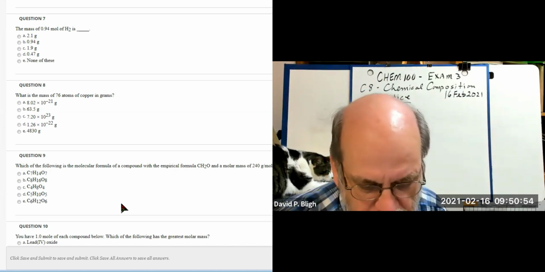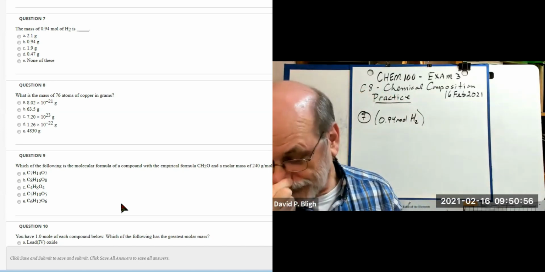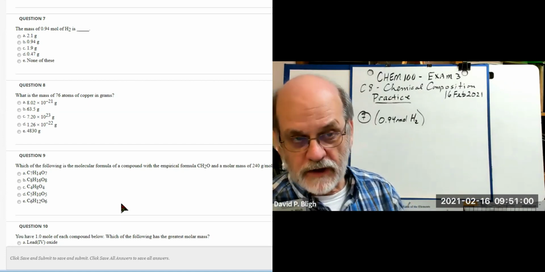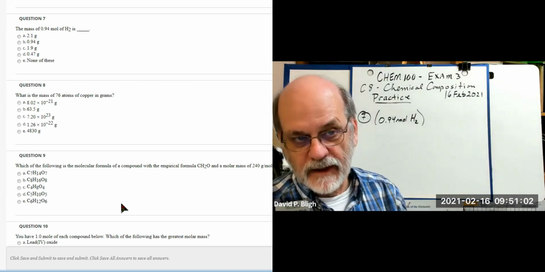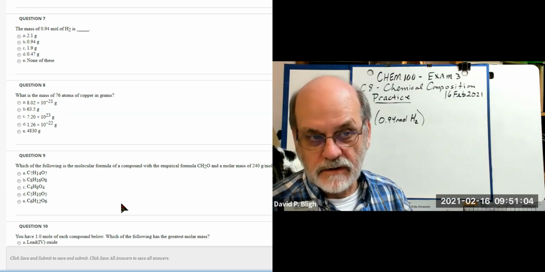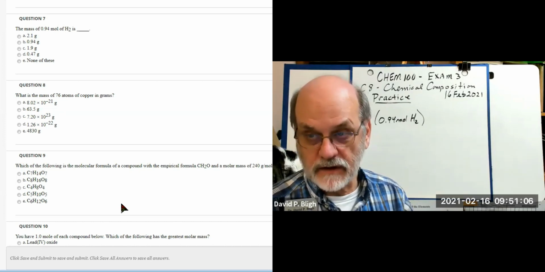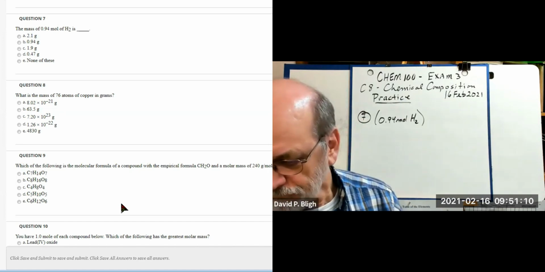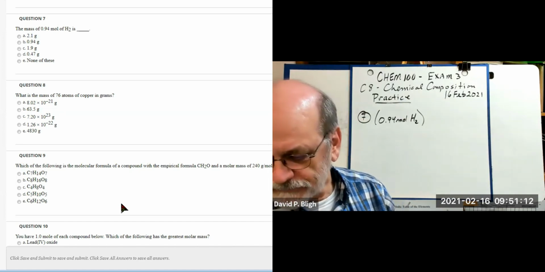Okay, let's see what we got. We got 0.94 moles of hydrogen, and based on the answers, we're trying to convert that to mass in grams. So how are we doing?